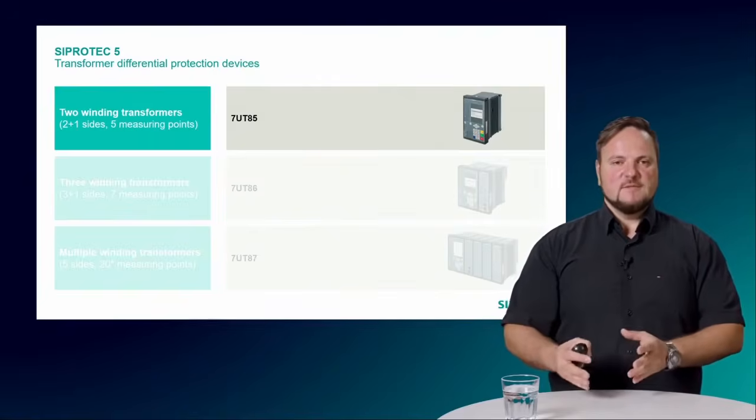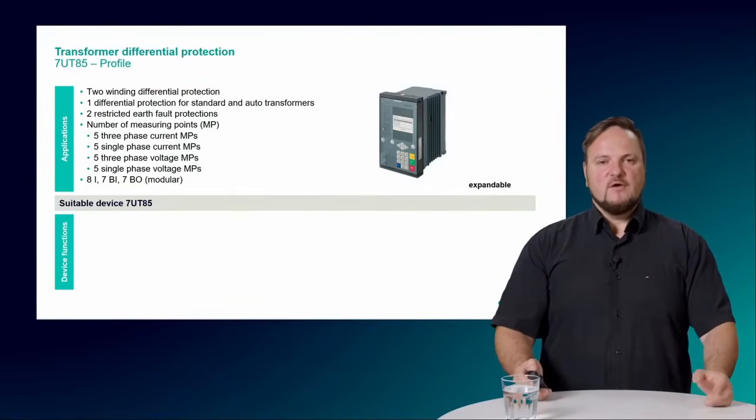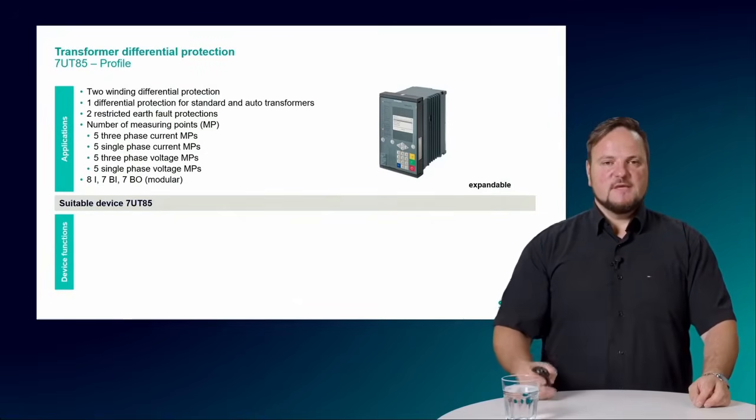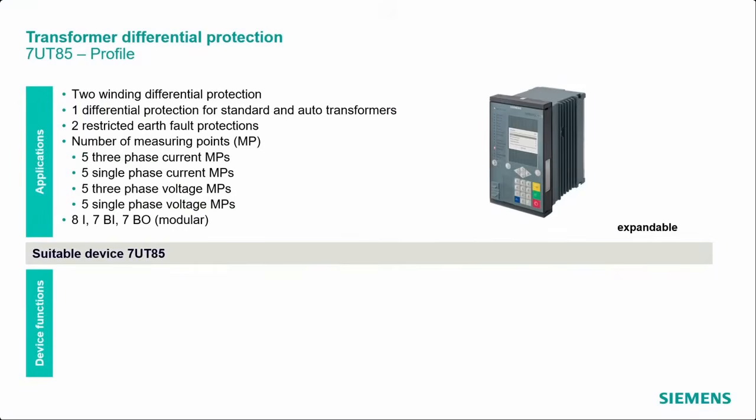Here is the limitation for that device, and we also go to the profile of this device. The limitation is up to 5 3-phase current measuring points, 5 single-phase current measuring points, 5 3-phase voltage, and so on and so on.